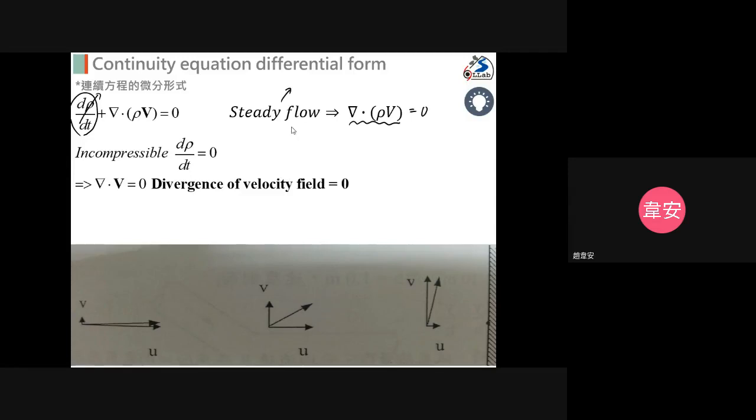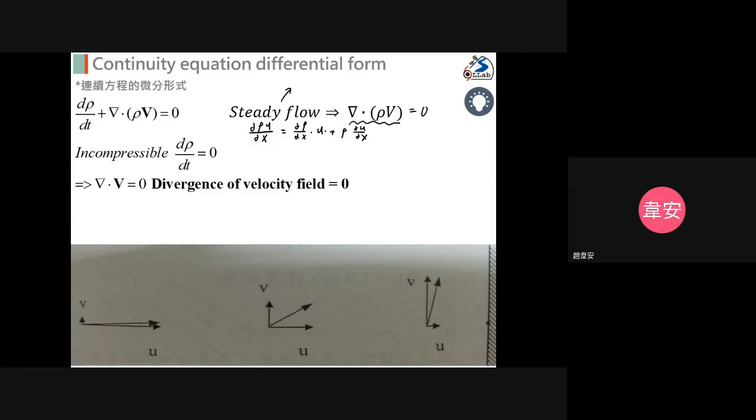But if we consider the flow is incompressible flow, that means the density doesn't change with space. So if we consider the differential of rho u with respect to x, you can rewrite the differential to be d rho dx multiplied by u plus rho du dx.